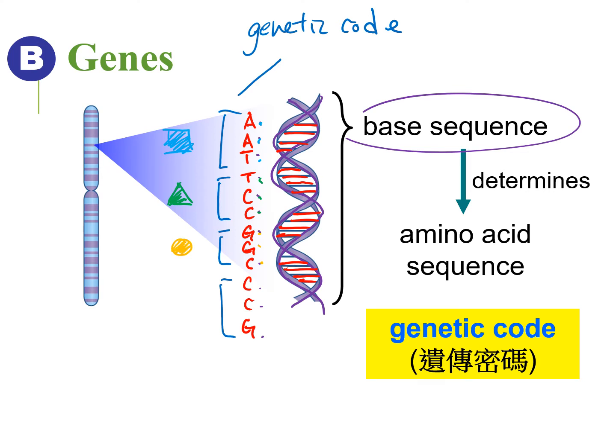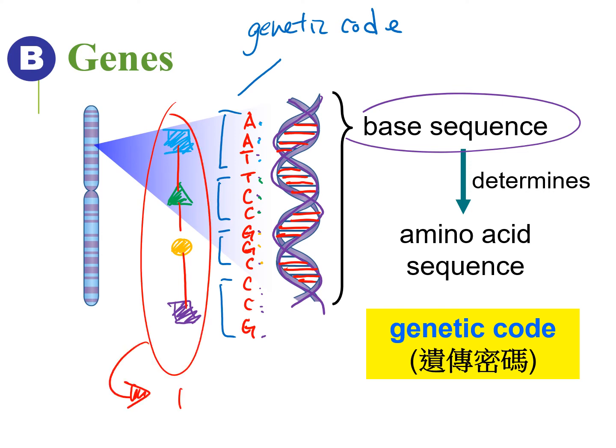And last but not least, CCG codes for another amino acid like this. After coding so many different amino acids, these amino acids join together, and we call this joining of amino acids a polypeptide, which is a chain.